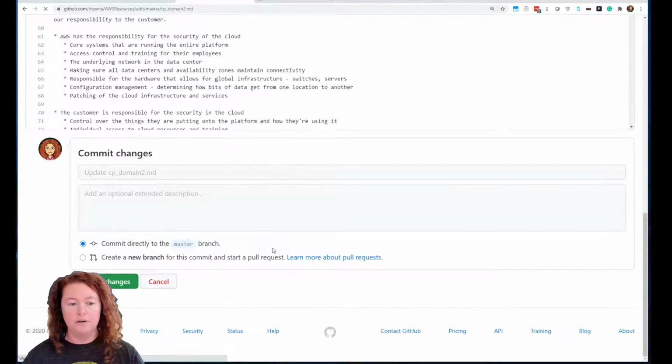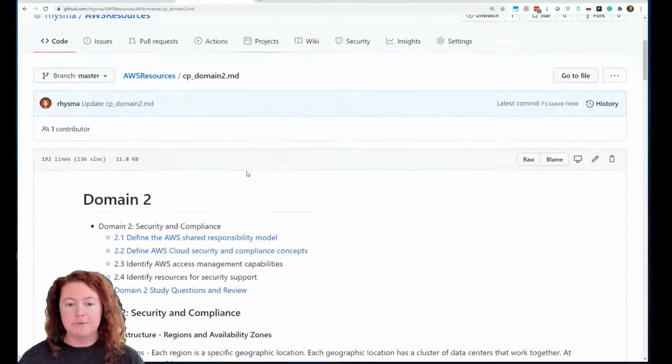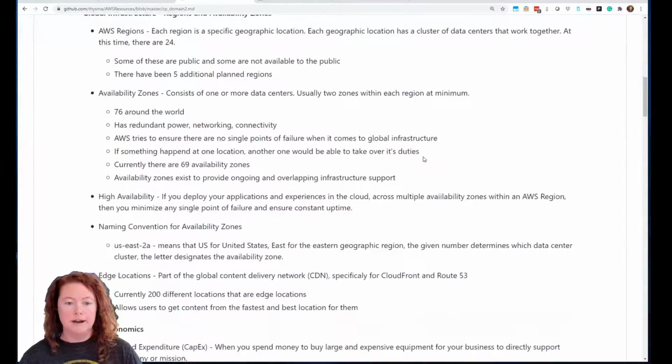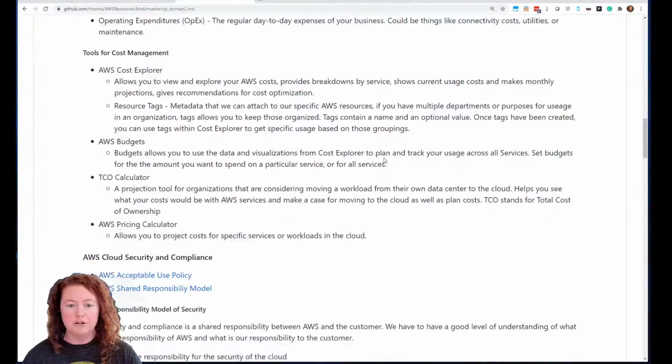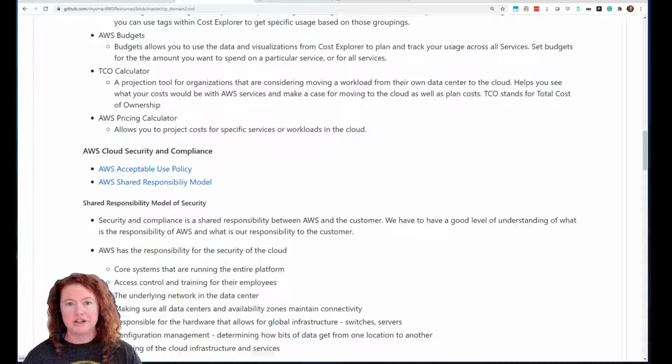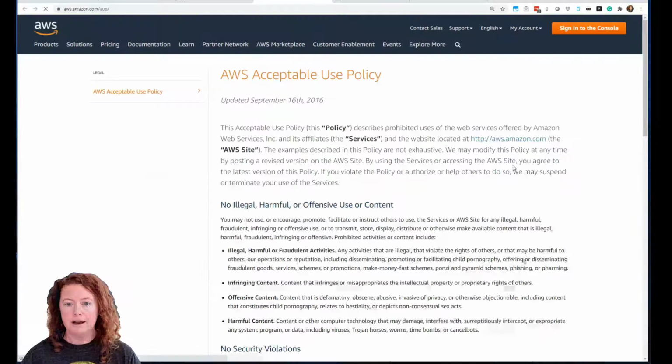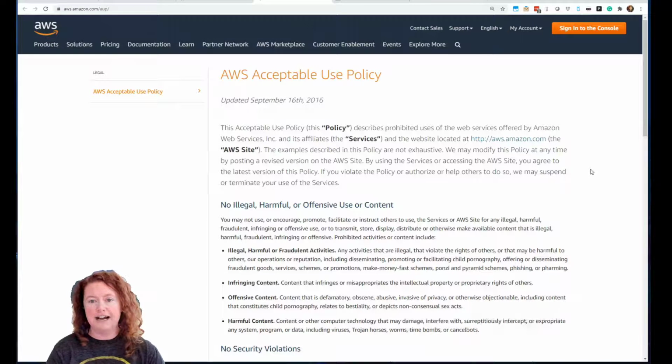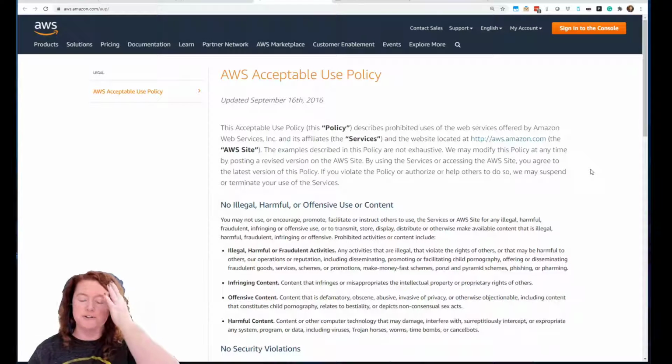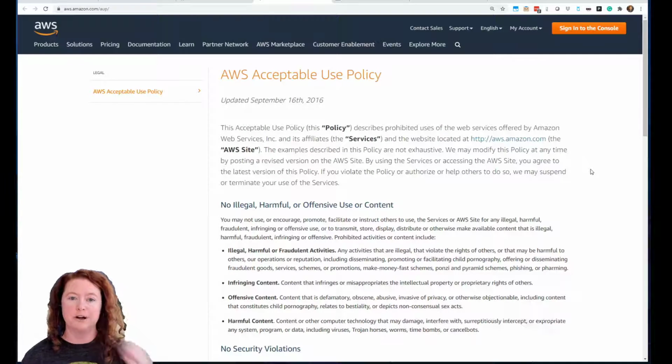Go review the acceptable use policy. Depending on what your organization is doing, it may not be something you can actually do on AWS. So you don't want to plan a migration to the cloud only to find out that you're going to be doing something prohibited by the acceptable use policy.